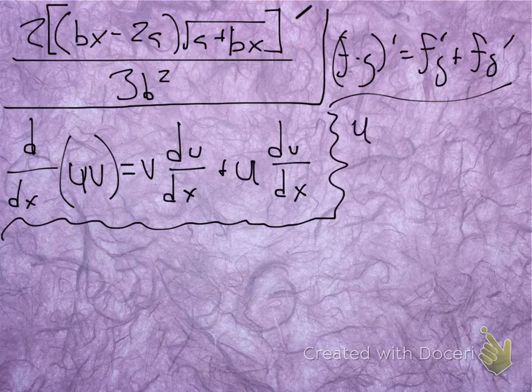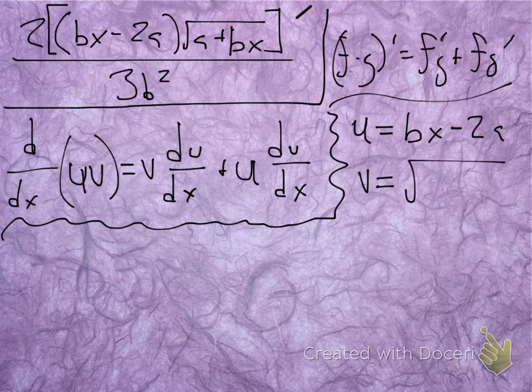So we're going to call u here equal to bx minus 2a. Because we have so many variables floating around, it's just going to get confusing otherwise. And we're going to call v equal to rad a plus bx. Okay? So here's what we're going to do. This isn't technically a u sub, but it's really kind of close. So uv. Okay, so hopefully these two terms look differently enough.